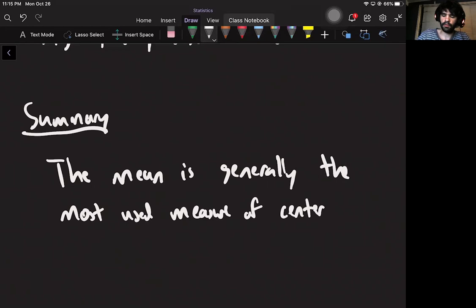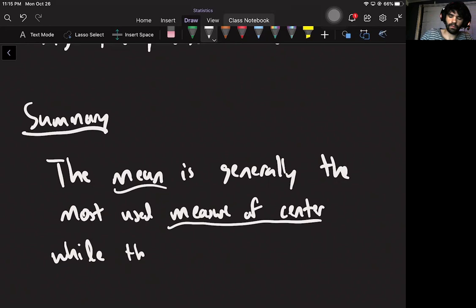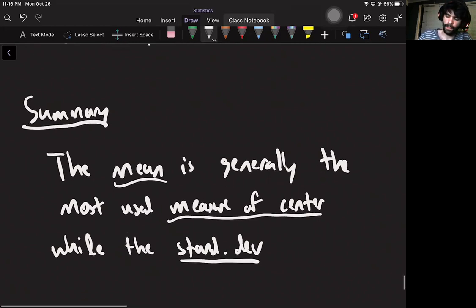So most people think of the mean as being the middle of the data or the average, while the standard deviation is the most used measure of spread.